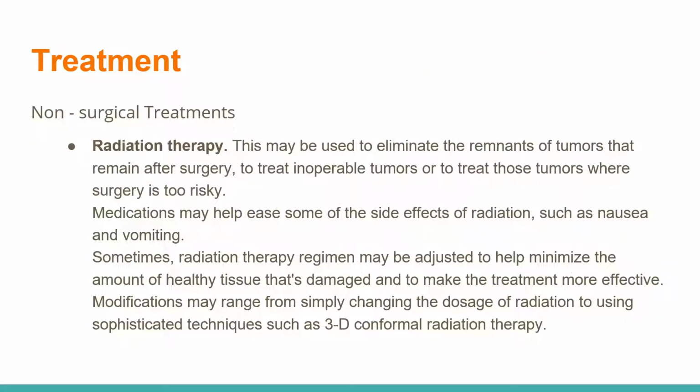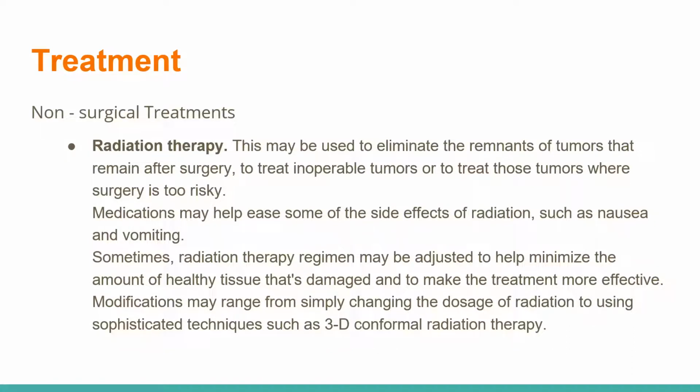So, the treatment. We have non-surgical treatment, radiation therapy. This may be used to eliminate remnants of tumors that remain after surgery, to treat inoperable tumors, or to treat those tumors where surgery is too risky. Medications may help ease some of the side effects of radiation, such as nausea and vomiting.